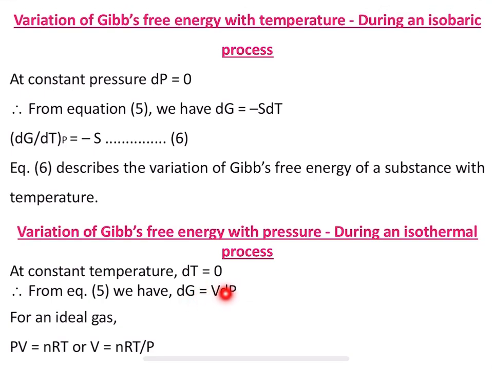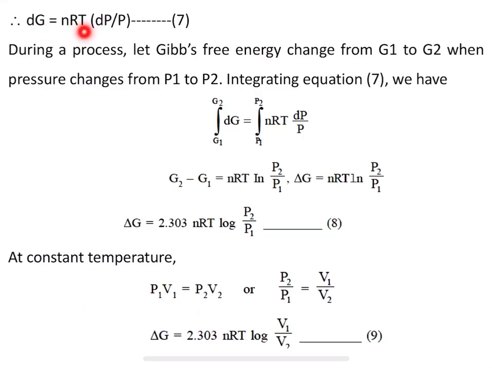So I retain V on the left side and send P towards the right hand side, so that I will get V is equal to nRT divided by P. Substituting this value of V here, dG is equal to nRT into dP divided by P. Let me call this equation number 7.